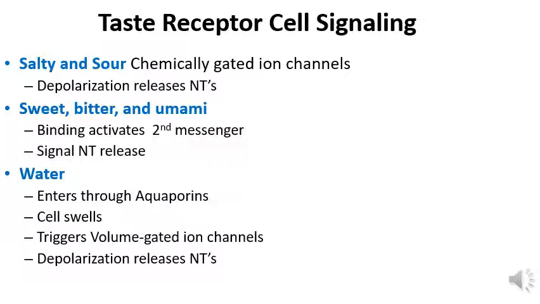But as usual, regardless, the ion channels open. We get a depolarization event. That depolarization event releases neurotransmitters, in which case we will effect a depolarization in a sensory neuron, and that information is going to be conveyed to the cerebral cortex and therefore be interpreted as the taste of water.